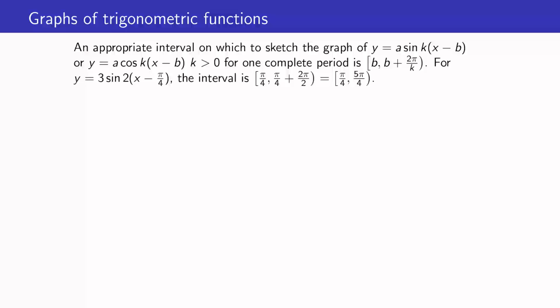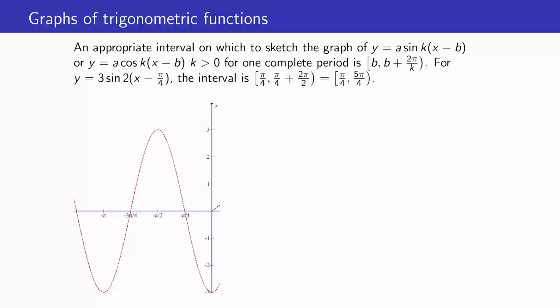In this case, the interval on which we are going to sketch one complete period is from π/4 up to π/4 + 2π/2, and that will give you the interval π/4 up to 5π/4. So this is the interval on which we will sketch one complete period of the graph of y = 3 sin(2(x − π/4)).